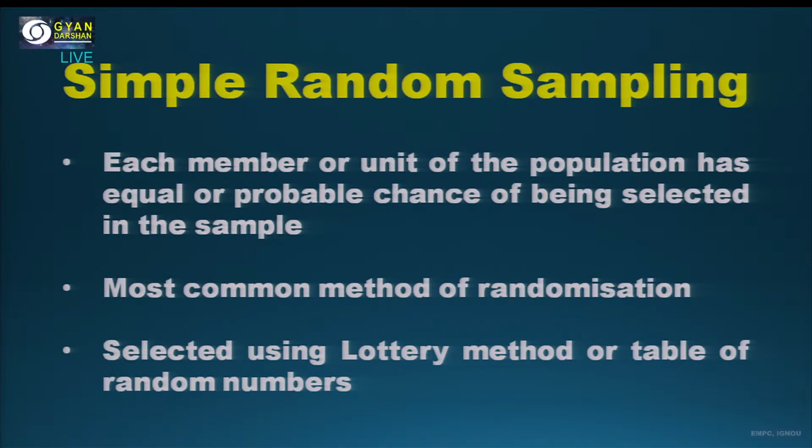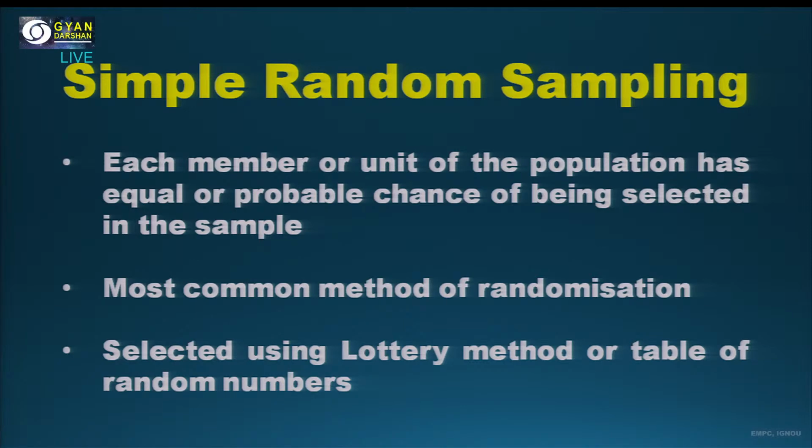Now we also make use of randomization. If each individual gets an equal chance of being selected, then that characteristic is called randomization. So this is one of the most common methods of randomization, and also of selecting the samples. Now how will you select?